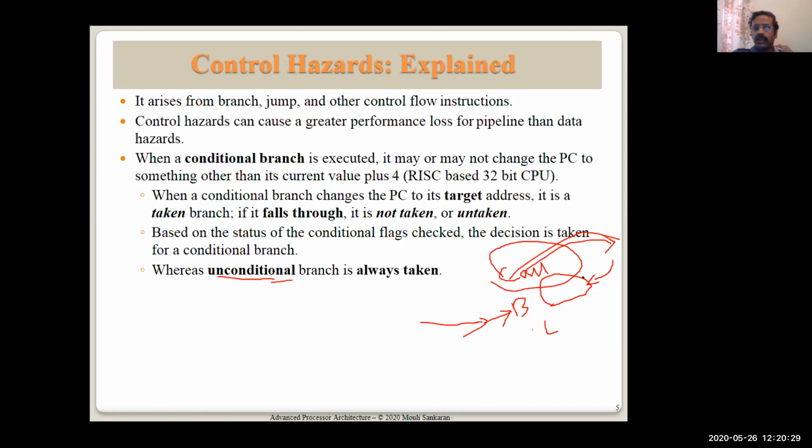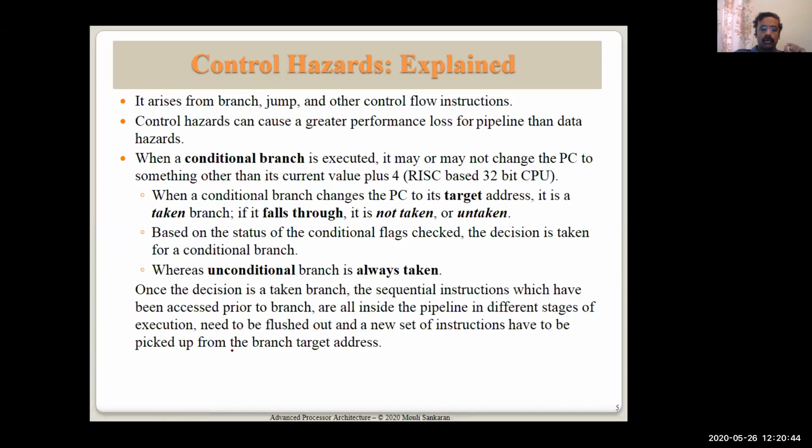That is a minute difference between a conditional branch, an unconditional branch, and a function call, which is an assembly routine to go into another function.